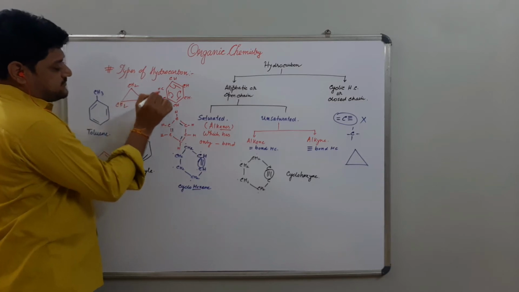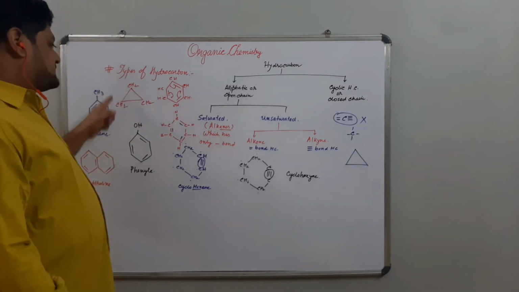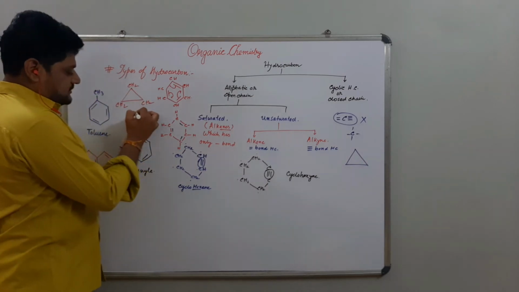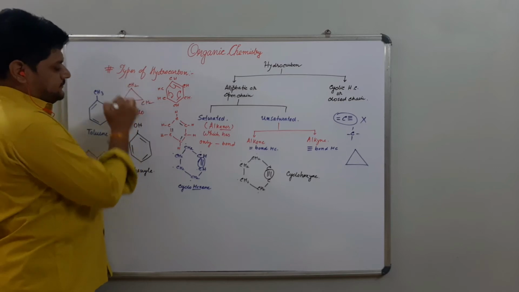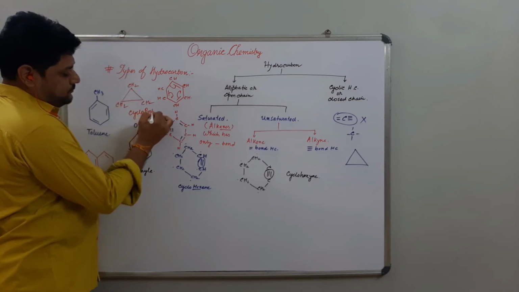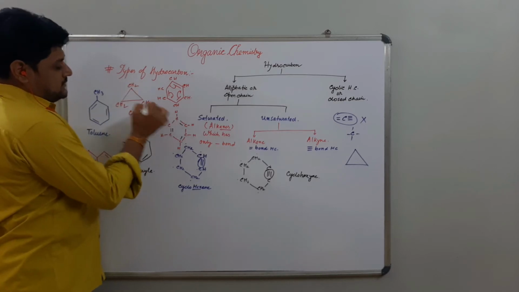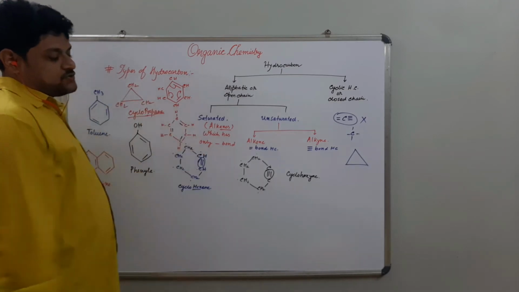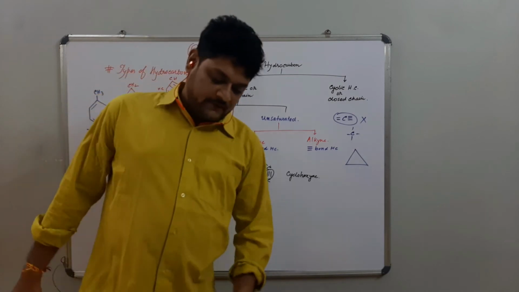So we need at least 3 carbons, and as it is a closed chain, it is called cyclo. Then prop for 3 carbons, and ane for single bonds. So this is up to the types of hydrocarbon.